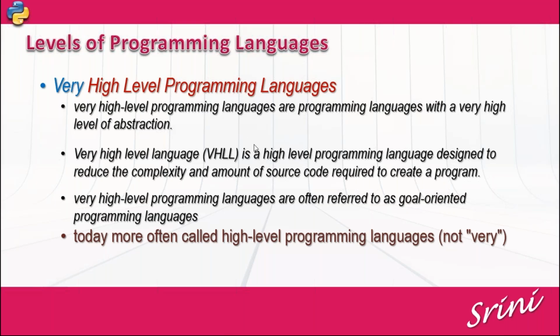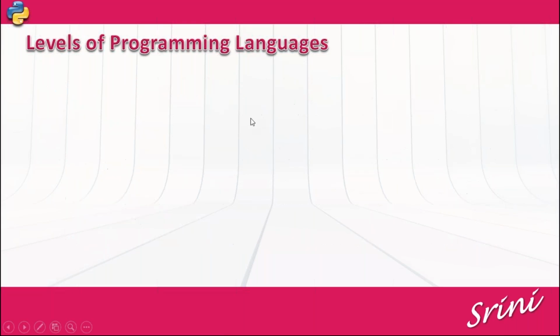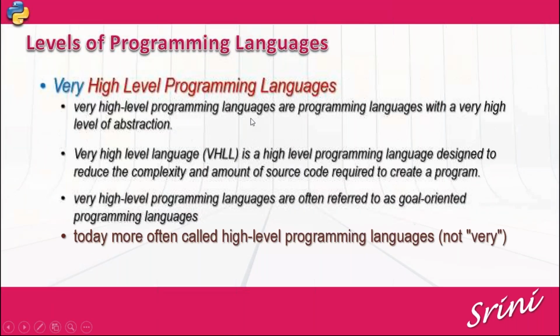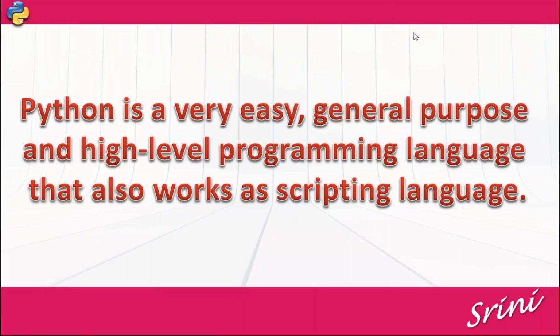So this is about very high level programming languages. Python actually comes under this category. Python is a very high level programming language. Now, what is Python? Python is a very easy language, a very high level programming language.